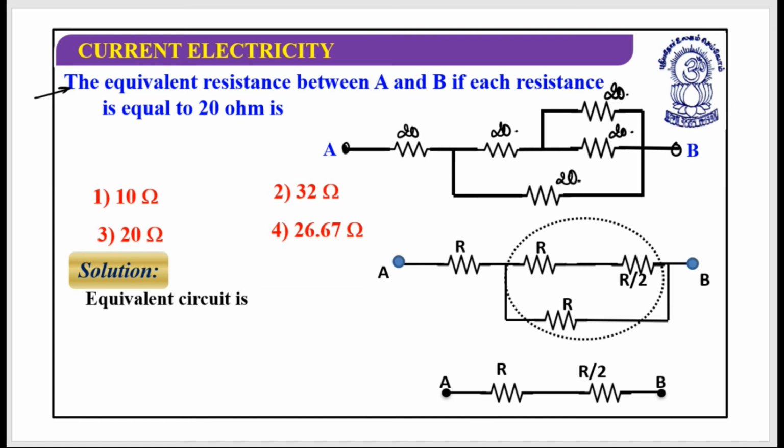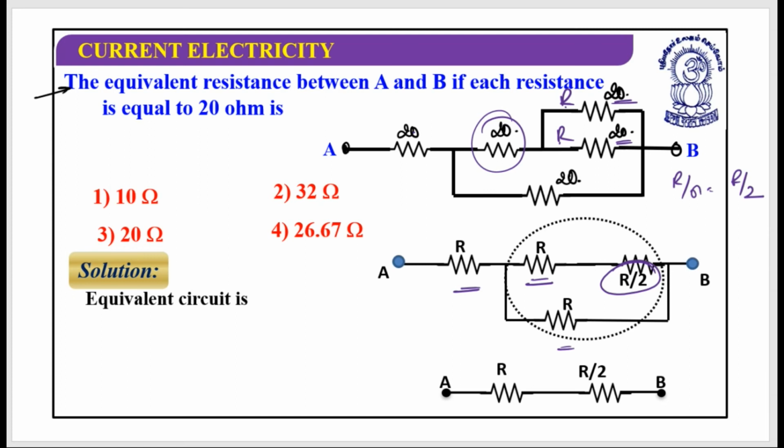And we need to find the equivalent resistance between A and B. So what I can understand is that these two, this and this, are connected in parallel, and if they are connected in parallel, let's assume the value is R and R. This R and R will be R divided by n, it's R divided by 2. So this is R by 2. This resistance is R, this is R and this is R.